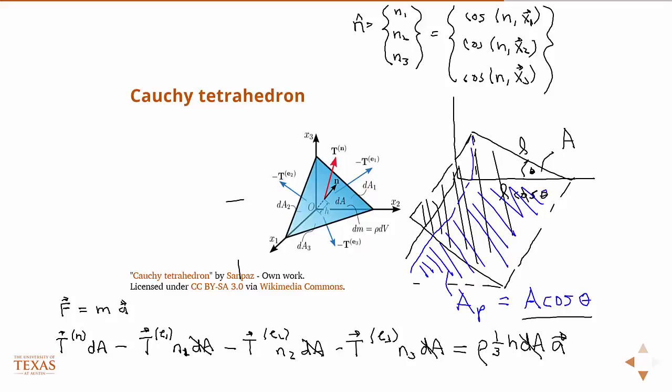Okay? And if you remember in the beginning, when we talked about stress, I said stress is a point-wise quantity, right? So a point is an infinitesimally small volume, right? It's actually zero volume. So we have to take the limit as h goes to 0. So as h goes to 0, then this whole term goes to 0. And what we're left with is on the left-hand side.